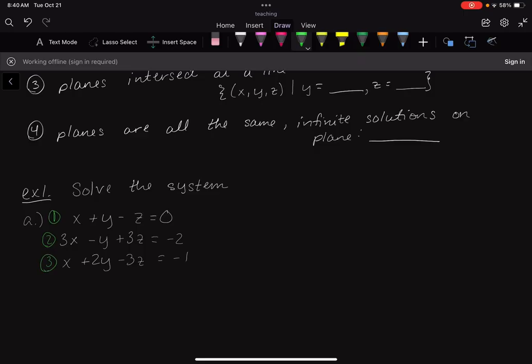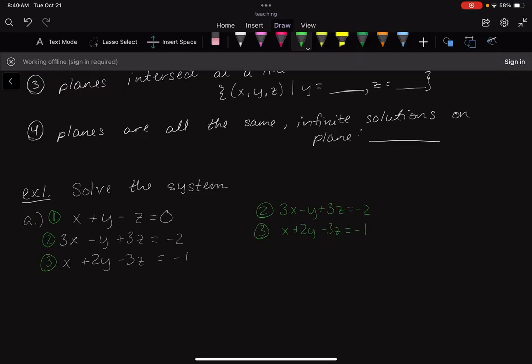So for me, I noticed straight away that 2 and 3, if I added them together, I could get rid of my z's. So I'm going to go ahead and do that. I'm going to take 2, which is 3x minus y plus 3z equals negative 2. And I'm going to take 3, which is x plus 2y minus 3z equals negative 1.